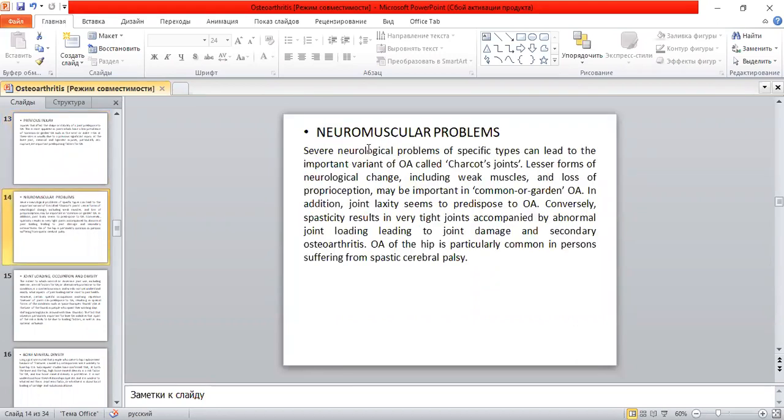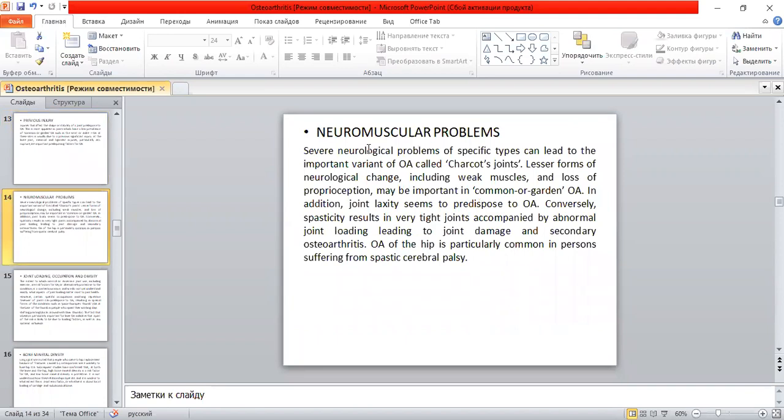Neuromuscular problems. Several neurological problems of specific types can lead to the important variant of osteoarthritis called Charcot's joints. Lesser forms of neurological change, including weak muscles and loss of proprioception, may be important in common or garden osteoarthritis.